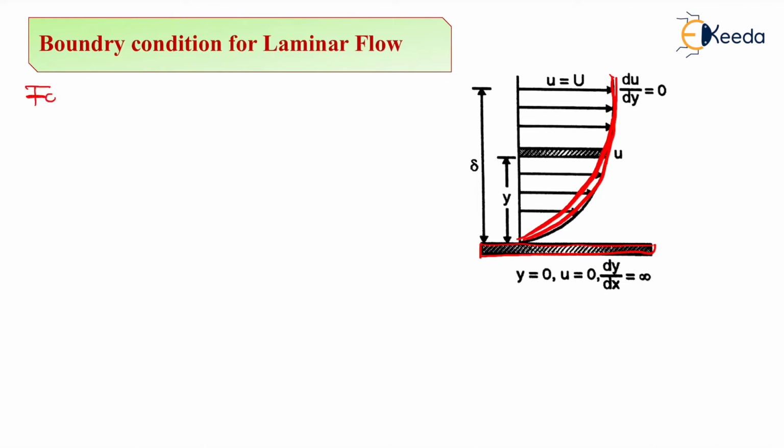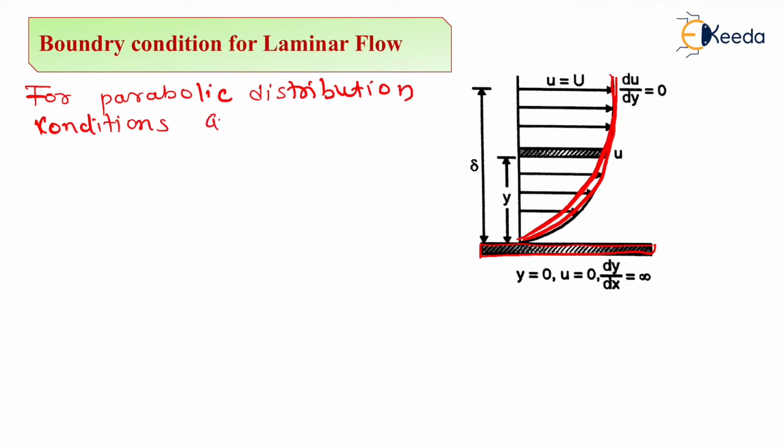So for parabolic distribution, the conditions are: first condition is u equal to 0 at y equal to 0, that means at this point A.